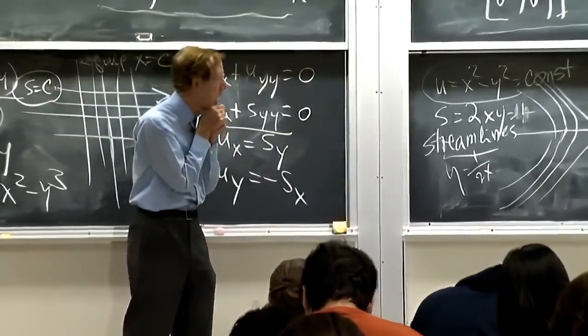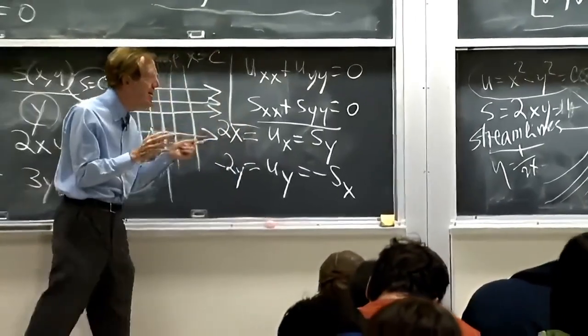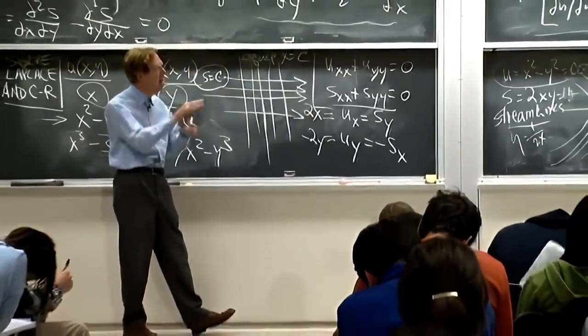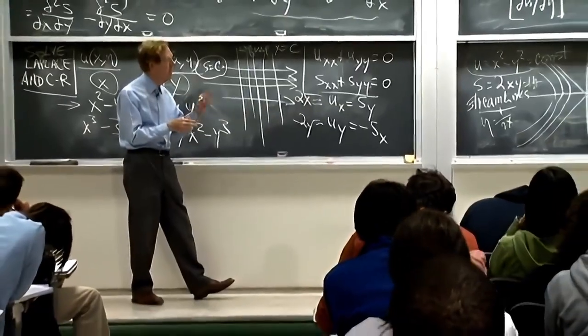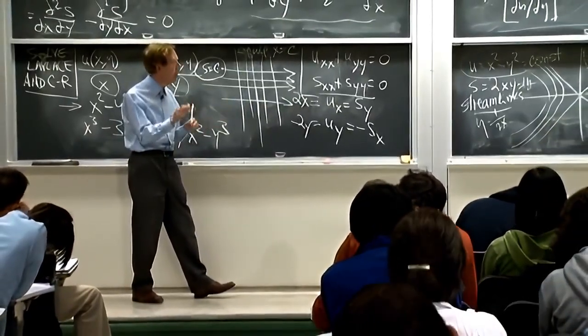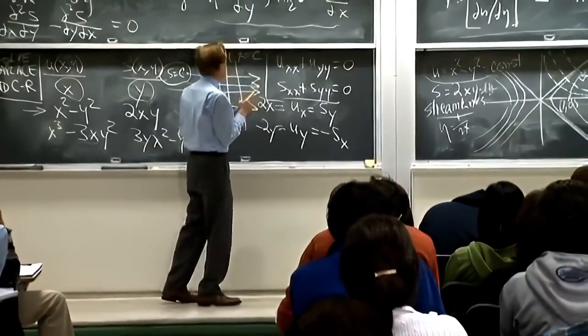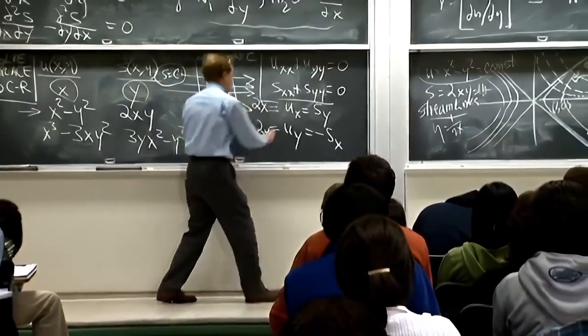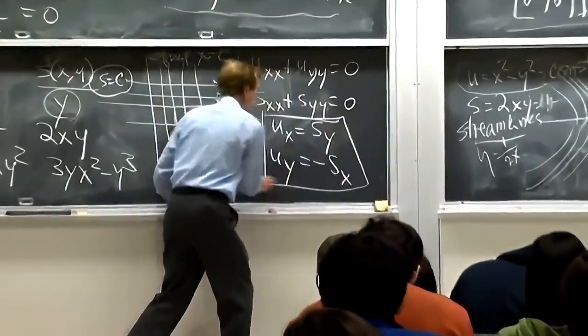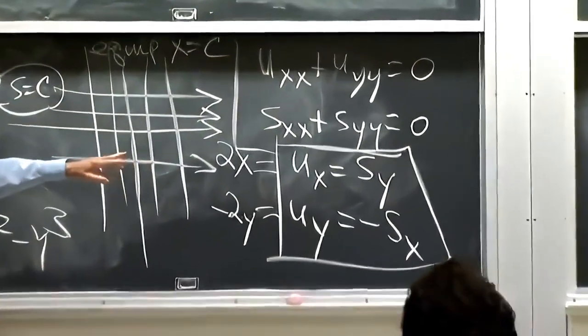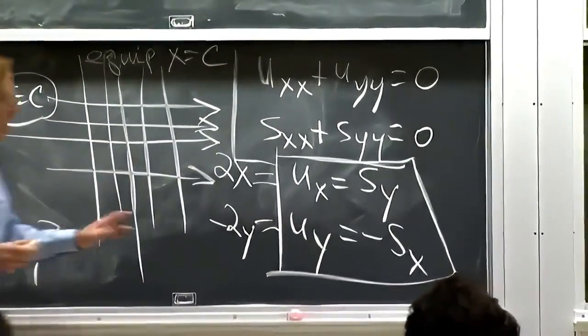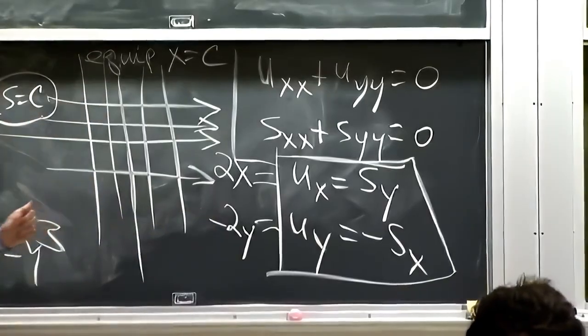That's all we're seeing here. But we're seeing these two fantastic families of curves, equipotentials perpendicular to streamlines. And the reason they're perpendicular is Cauchy-Riemann. Cauchy-Riemann is telling us they're perpendicular. Because the gradient, you see that they're perpendicular.